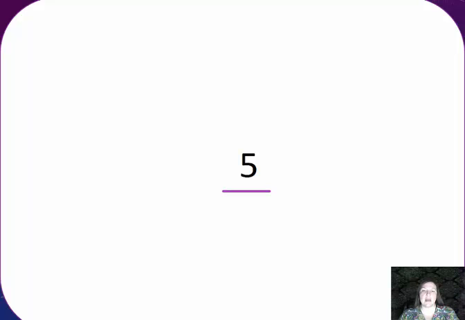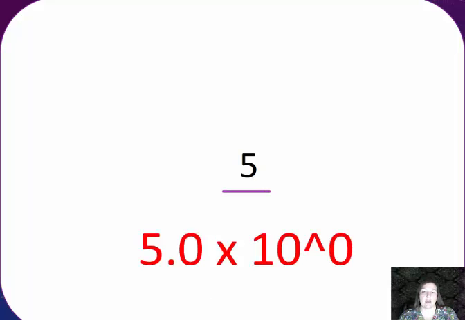The way we would do that is we're going to put the decimal where it belongs after the 5, and then we're going to multiply by 10 to the 0 power, because essentially we're saying it's 5 times 1. So 5 times 10 to the 0 power, which is equal to 1, is the number 5 represented in scientific notation.